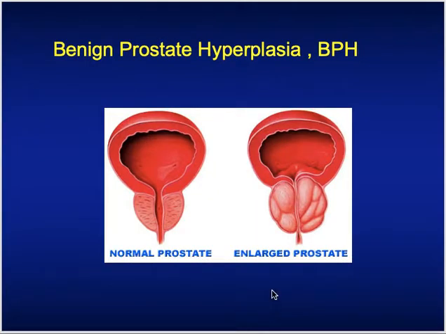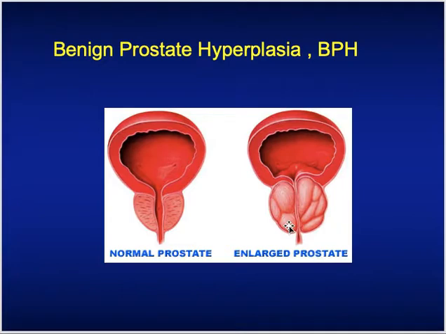BPH is basically considered the most common benign neoplasm of the adult male. It is almost present in all males with age.